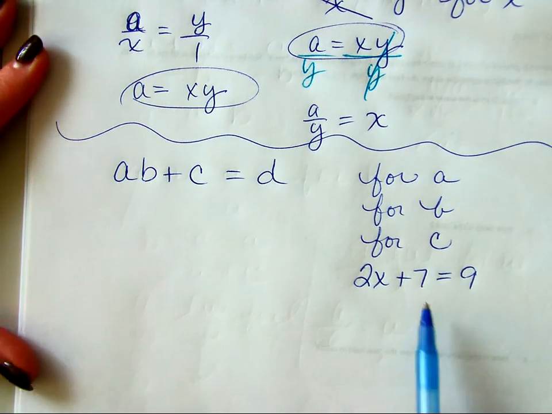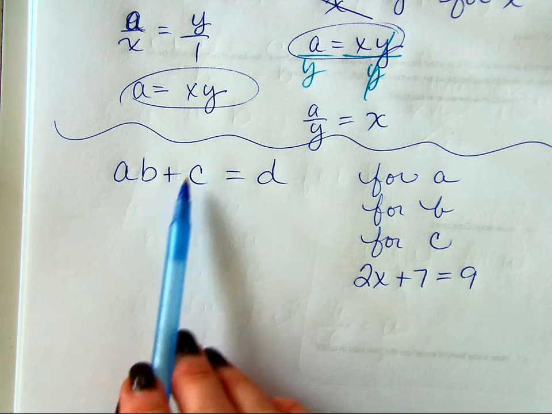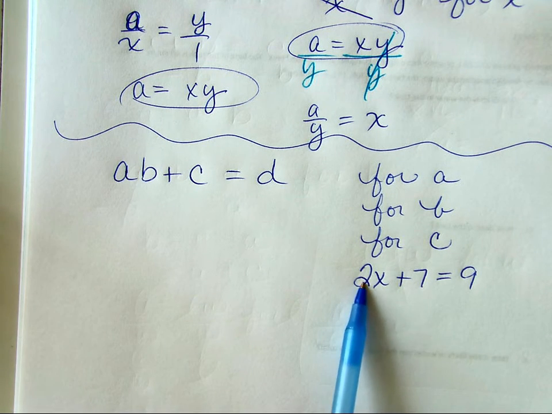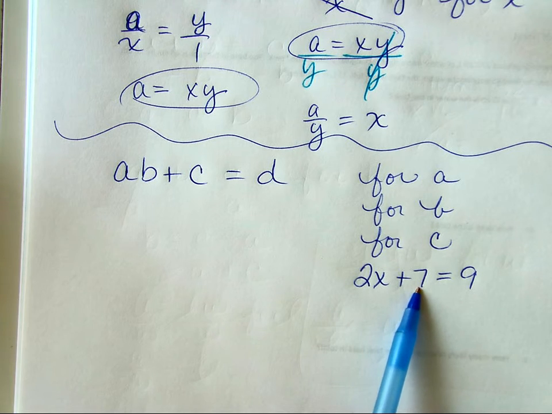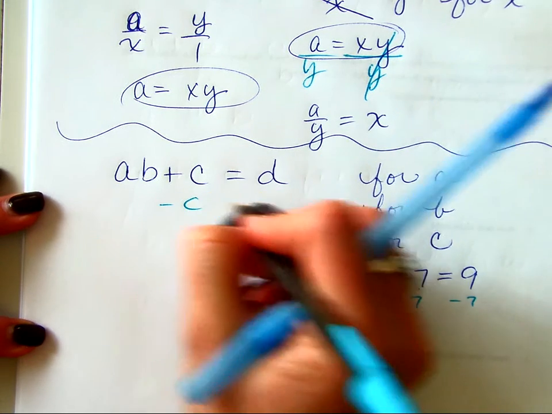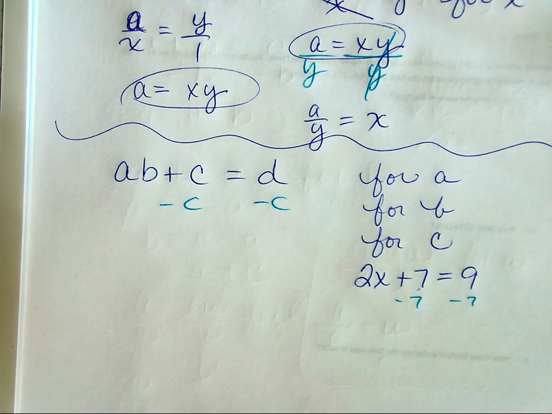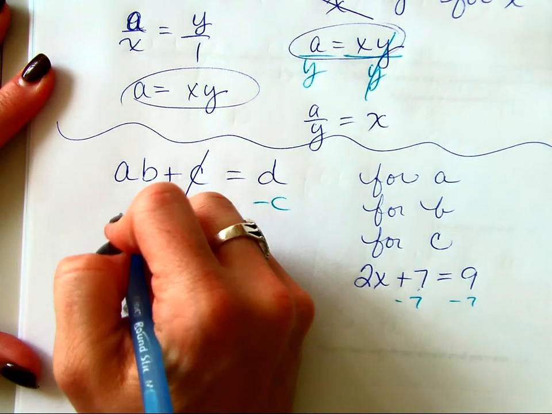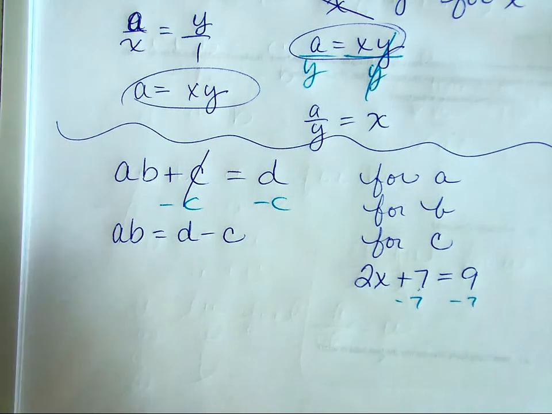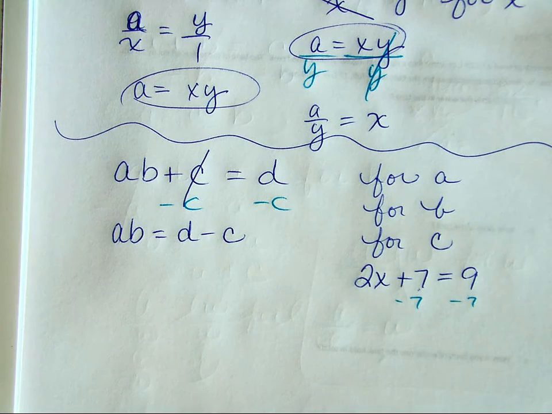If you can solve this equation, you can solve this one too, right? Because if I'm solving for one of these, first I cancel out the constant. So if I would subtract 7 here, I'm going to subtract C here, right? That's going to leave me with AB equals D minus C, or negative C plus D, however you choose. I just always write the top one first.